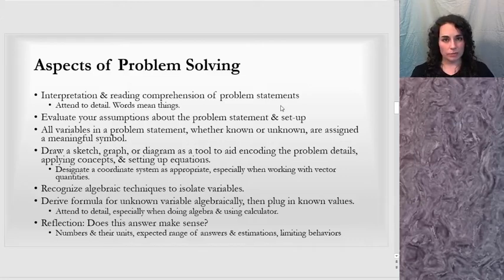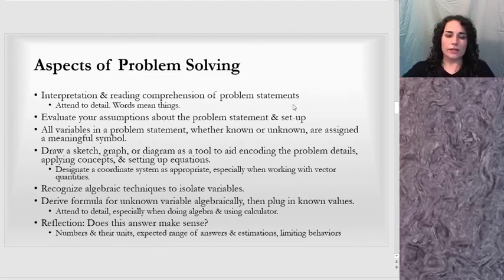This may not be something that you're used to doing prior to entering into a physics class, but you will start using that prerogative in your lifetime, is assigning your own coordinate system, especially with working with vector quantities. For instance, if we have initial velocity up and acceleration down, we need a coordinate system in order to take into account that there's a negative sign in there somehow. So which direction is negative?